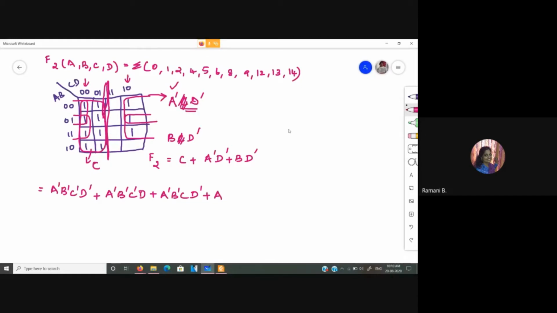So 4 is A bar, B, C bar, D bar. 5 is 0, 1, 0, 1.